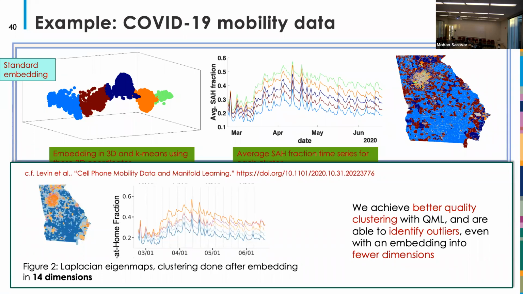More importantly, they were only able to cluster in this way after embedding into 14 dimensions, as opposed to the 3 dimensions that we embedded into. And moreover, they didn't identify these outliers. So this is what we mean by this new technique being really useful for picking up fine-scale geometric structure in the data set that you aren't able to pick up with these diffusion-based methods.